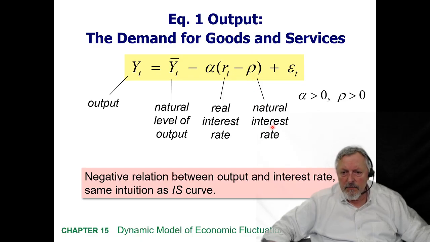This is the real interest rate when the demand for goods and services equals the natural level of output. You can ignore alpha just for the moment. So this is the difference between the real rate and the natural rate. This is the exogenous shock.